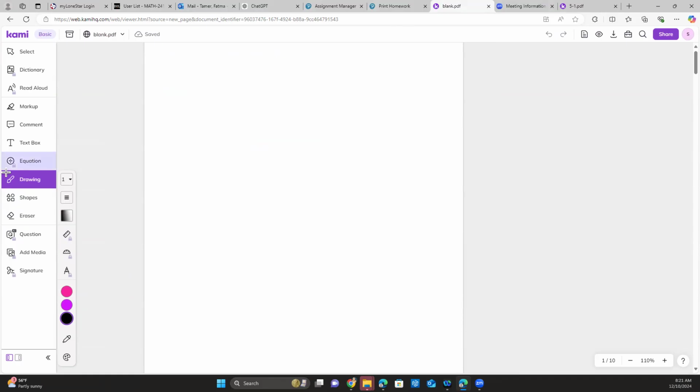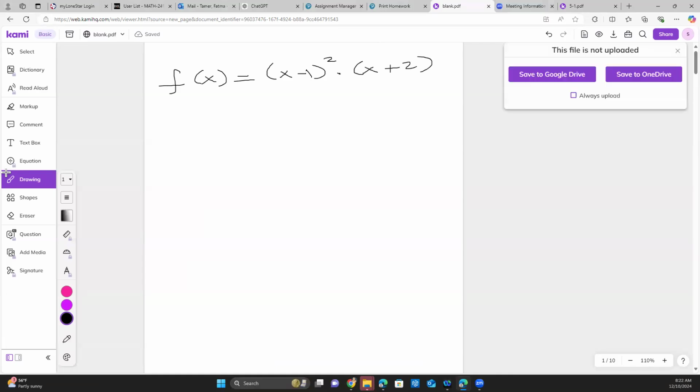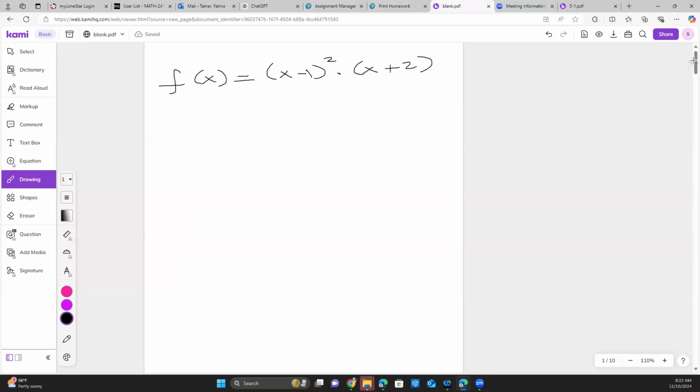When I have a polynomial function, let's say f of x is equal to this polynomial function, we can write it as x minus 1 to the second power times x plus 2. This is a polynomial function, and it's already factored for us. For this polynomial function, x minus 1 is a factor.